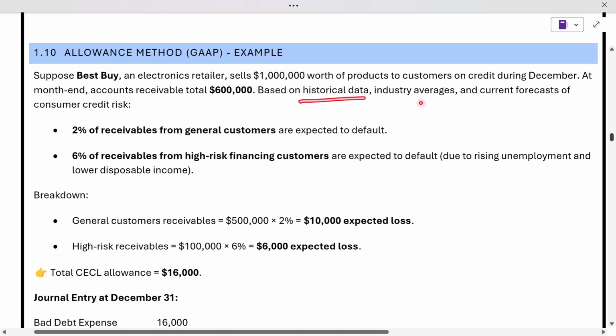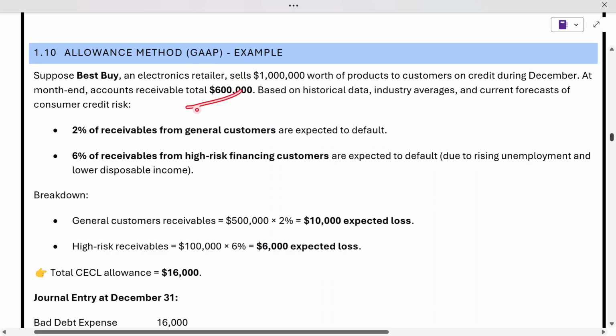Based on historical data, industry averages, and the current forecast of consumer credit risk, they have forecasted the risk of collection: 2% of the receivables from general customers are expected to default. So generally 2% will default. Out of this $1 million credit sold, only $600,000 remains as on the balance sheet date, which we still need to receive.